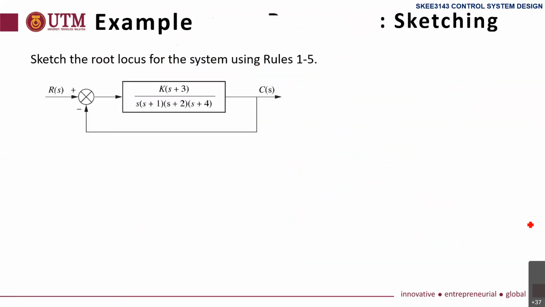Let's do one example for today, the last example for today. Sketch the root locus for the system using rule number 1 to rule number 5.